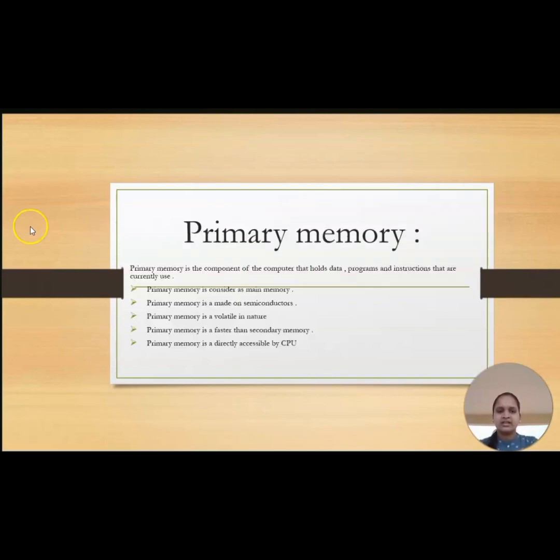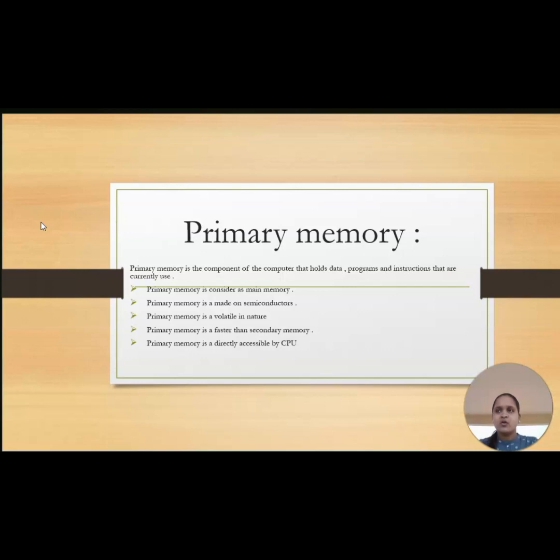The primary memory is the main memory. It is considered the main memory because it internally stores the data, programs and instructions that are currently used. The primary memory is made of semiconductors.